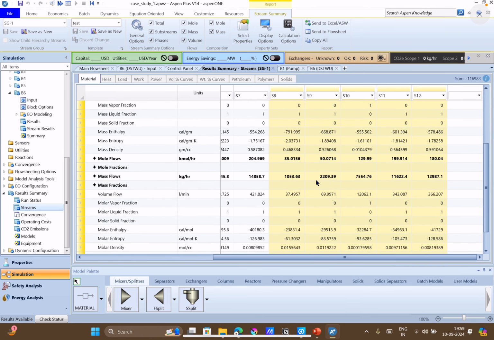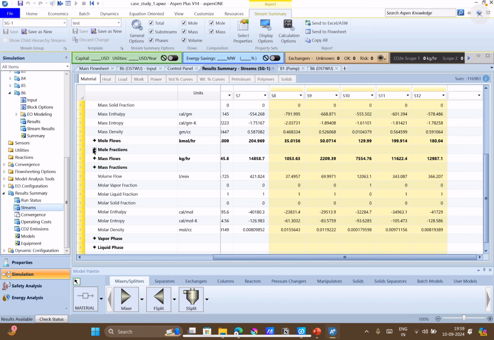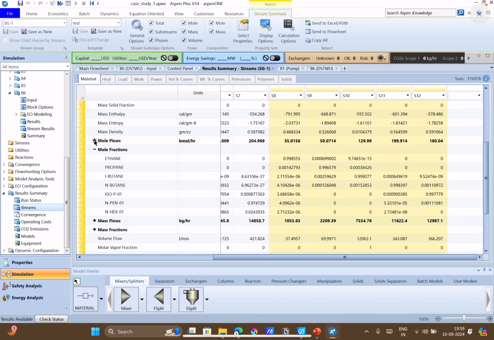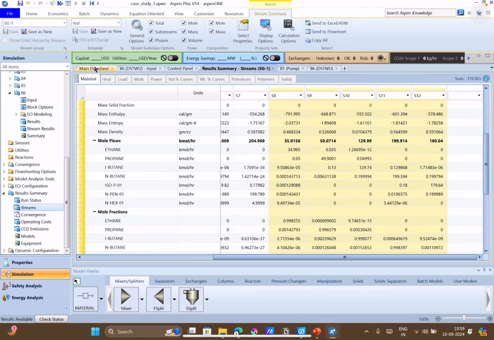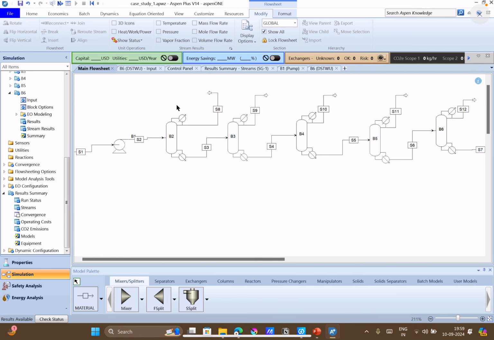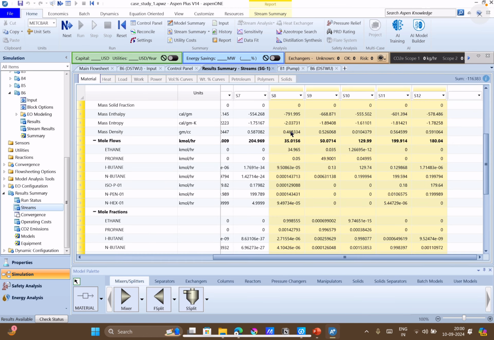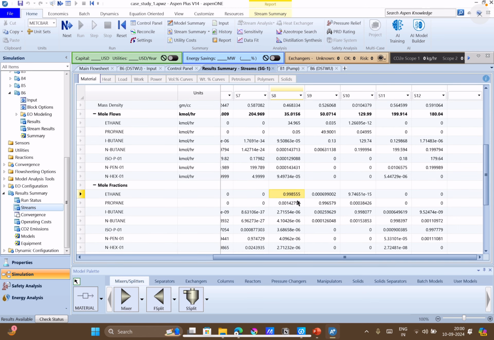Now here you can see the mole fractions. S8 should contain the ethane part, right? So the mole fraction of ethane is highest in S8, 0.9985.